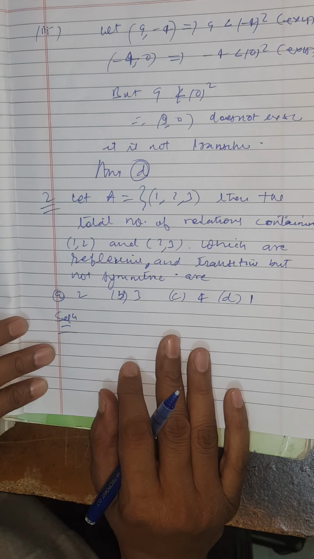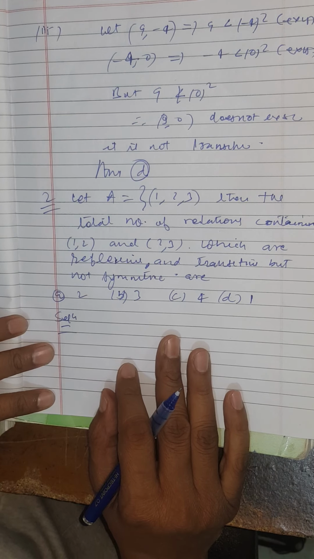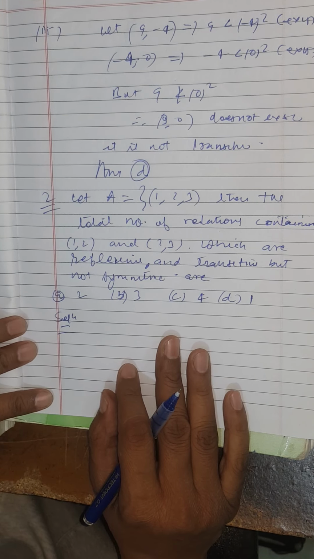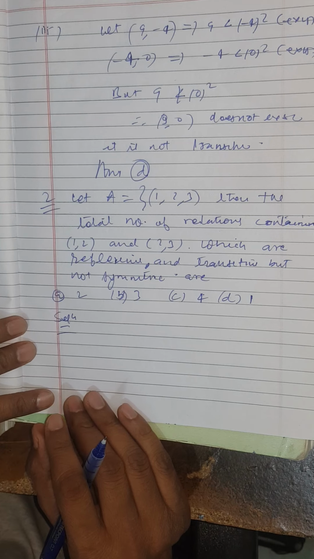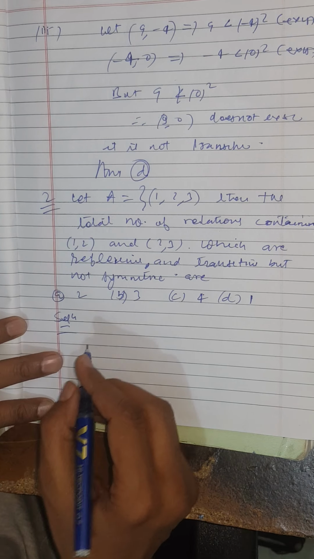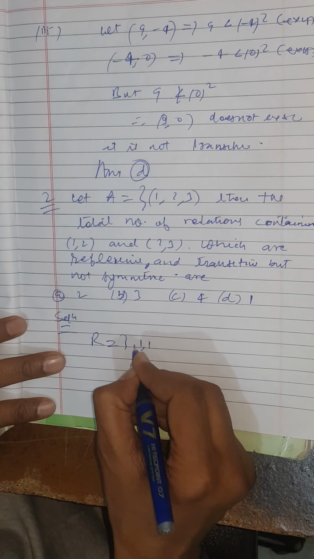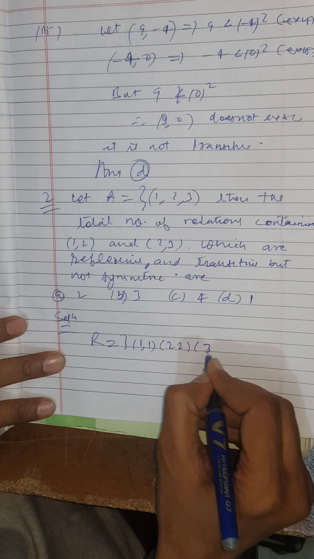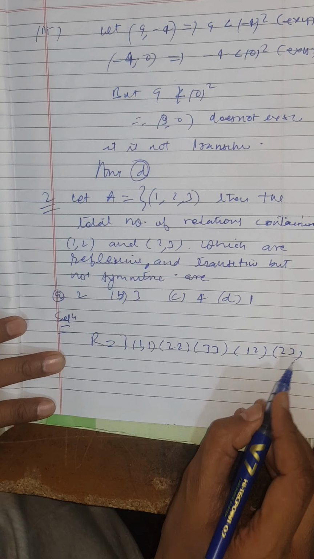First of all we have to determine the smallest reflexive relation on set A containing (1, 2) and (2, 3). What will that be? R is equal to ordered pairs (1, 1), (2, 2), (3, 3) and (1, 2) and (2, 3).